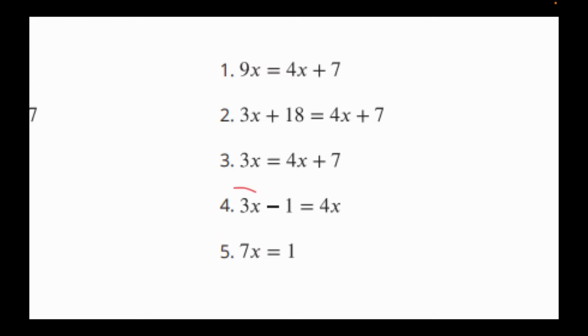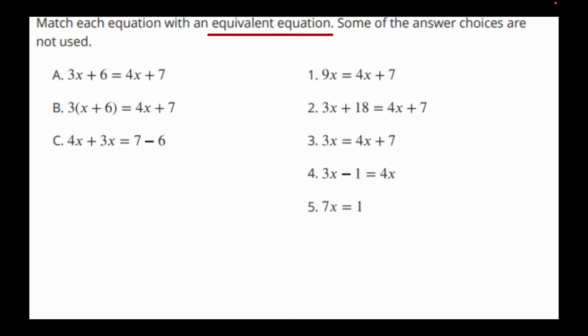But I think maybe this one, 3x, and still has 4x. Because here for number 2, it's 3x plus 18 equals 4x plus 7. Same as number 3, the only thing that's changing is what's next to the 3x, and everything else is staying the same. So 2 and 3 aren't going to work, but I think we can actually make number 4 work.